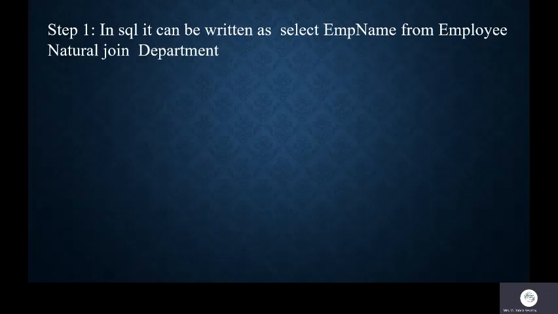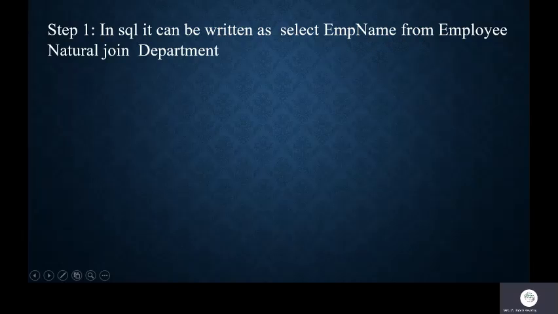In order to perform the natural join, the first step: in SQL, it can be written as select EMP name, because here we are going to find out first the employee name.